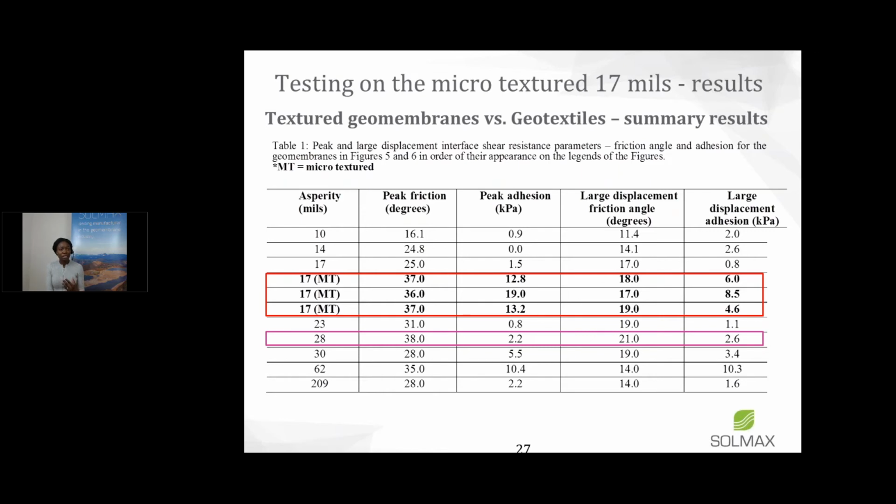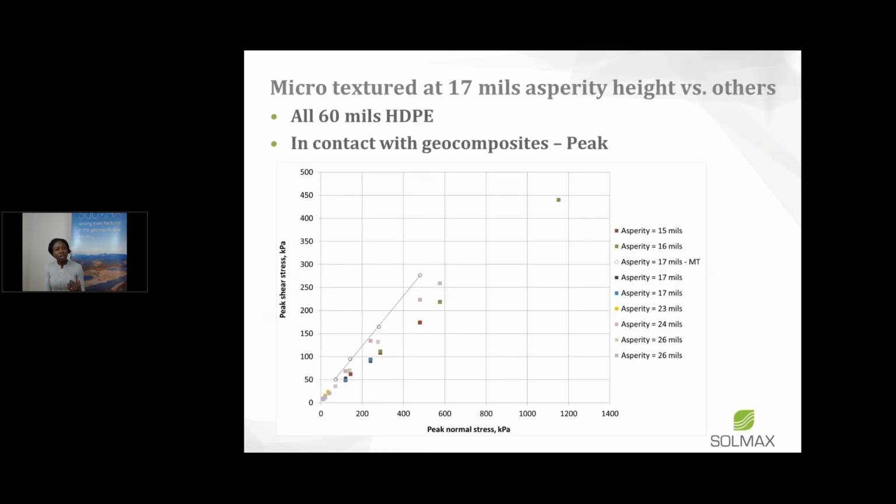So it appears that with a microtexturing process, you can achieve comparably high interface shear strength at moderate asperity height in contact with geotextiles. So looking at the geocomposites now, the peak values on the screen there, 17 mils microtextured again. We compared it with, for this one, up to 26 mils asperity.